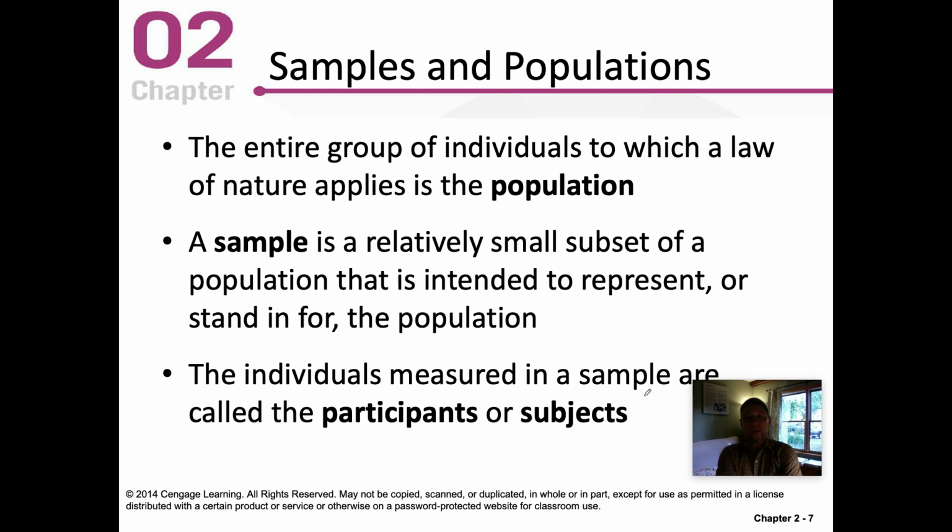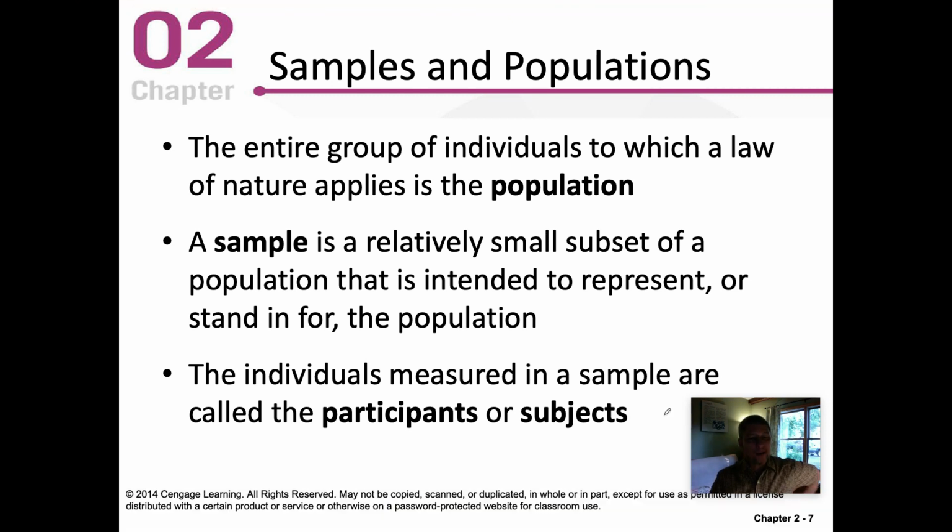All right. So if the population has a size of 200 and you are able to measure 20 of those, the 20 is a sample of the population of 200. Now, the individuals that we measure in a sample are called the participants or the subjects. I'm not really sure that you can call a squirrel a participant, so we probably just call them subjects instead.